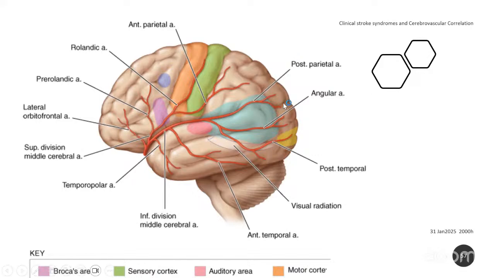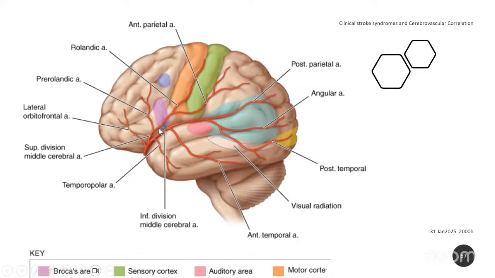Then once you go and see why this individual developed this, you realize that he has a stroke here. And the anterior branch or superior branch of the middle cerebral artery supplies the motor area and sensory area, where you get hemiparesis, cortical strokes, which I described. That's because of the middle cerebral artery.